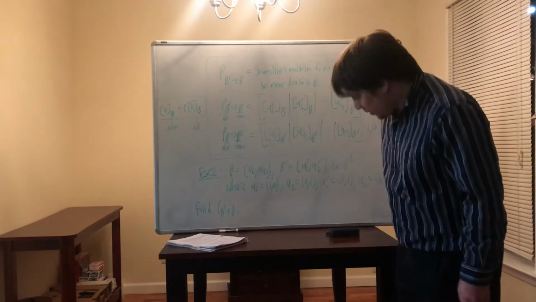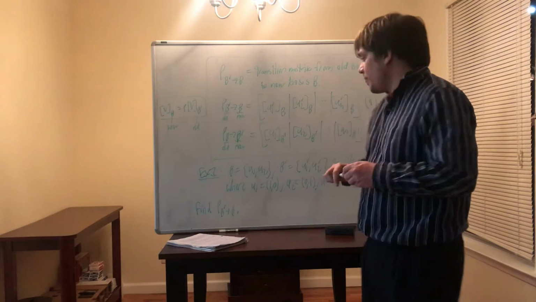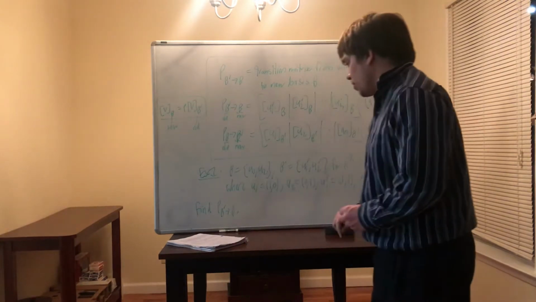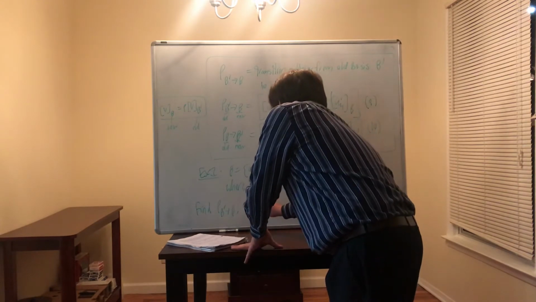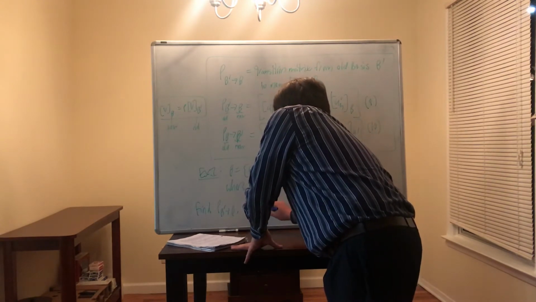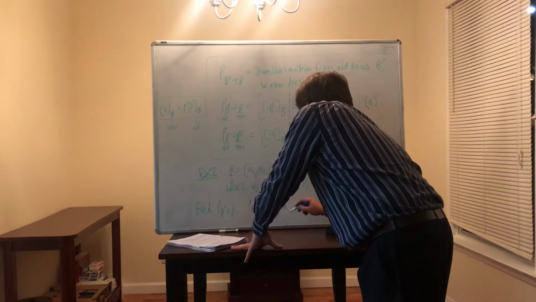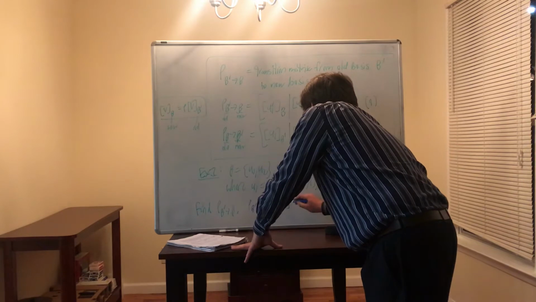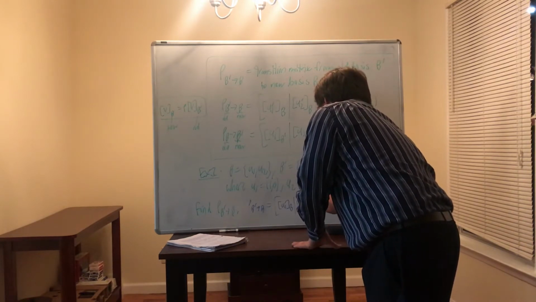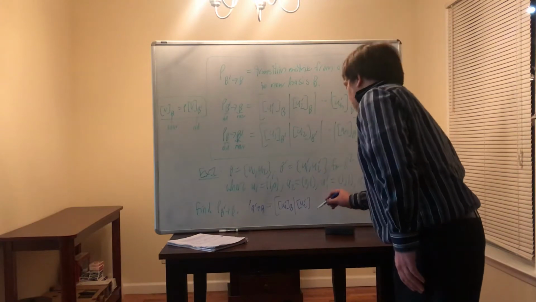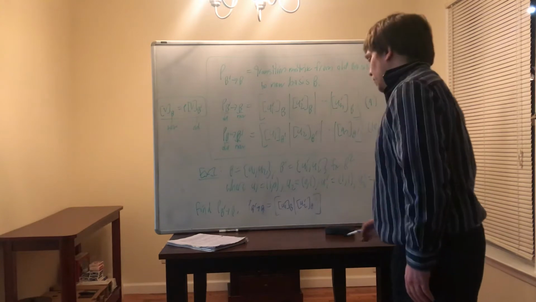So this is the last video for this lesson. Okay, so we want to find the transition matrix from B prime to B. And so what we need is that the transition matrix from B prime to B is going to be equal to the matrix whose first column is the coordinates of U1 prime relative to B. The second column is U2 prime relative to B. And that's it.